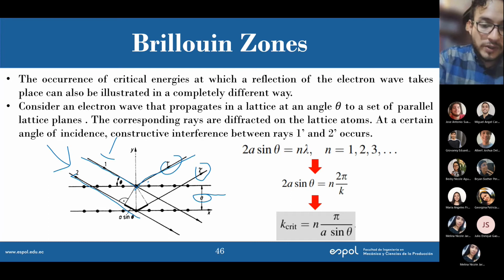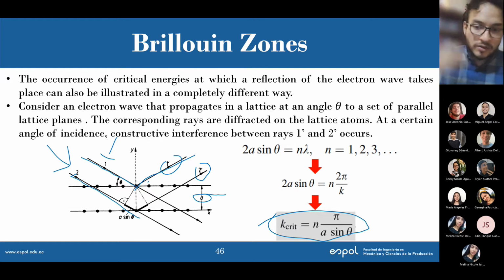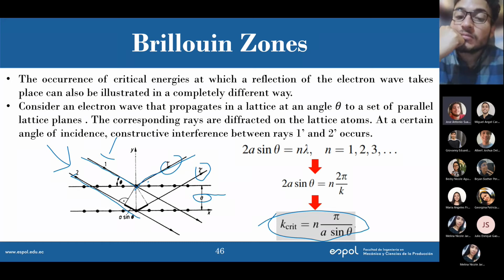Now, use this equation for theta equals 90 degrees. What happens when theta equals 90 degrees? The sine function is 1. So what do I get? I get n pi over a, right?